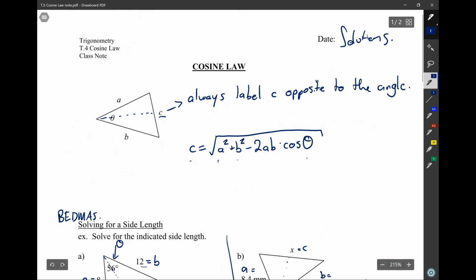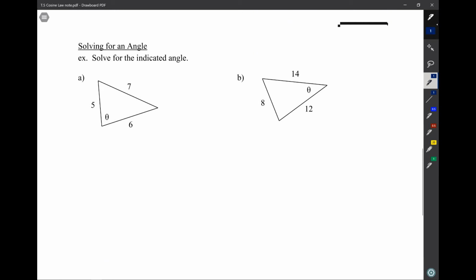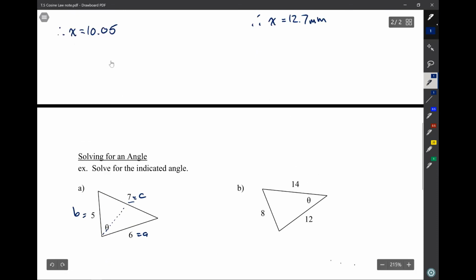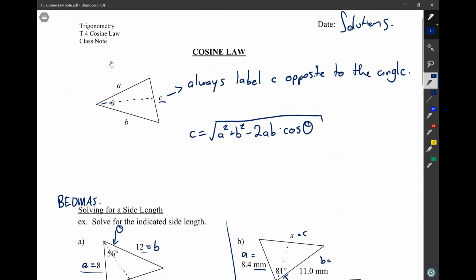We'll see how we can use our sine law, our cosine law to solve for an angle now. So I'm going to give you another tool in your arsenal, and that's another form of our cosine law. And this form is useful if you're trying to find out an unknown angle.